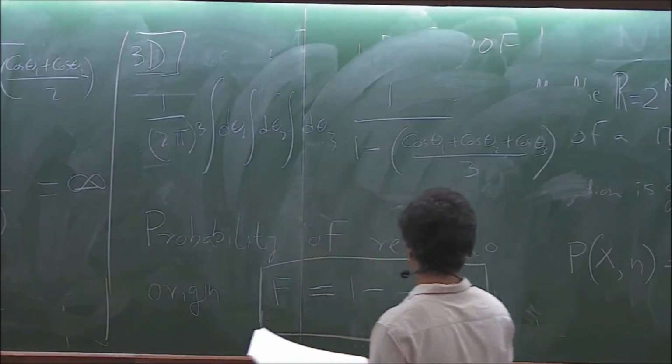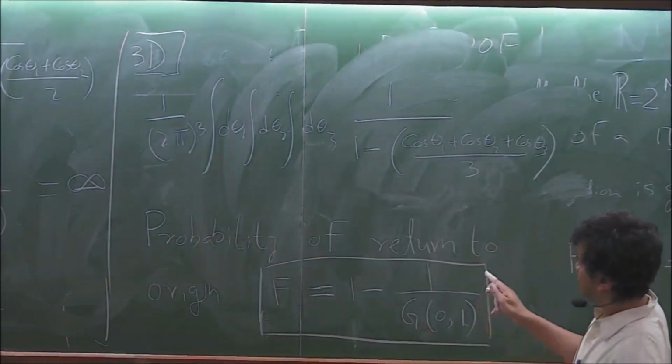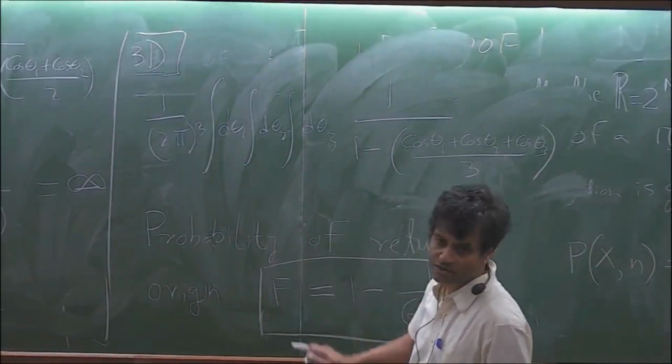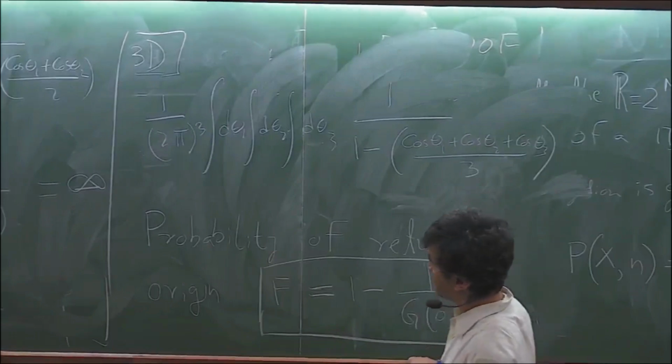Okay, so actually you can write an exact formula relating this mean number of visits to the probability of return to origin. Okay, so let me just explain how to get this formula.